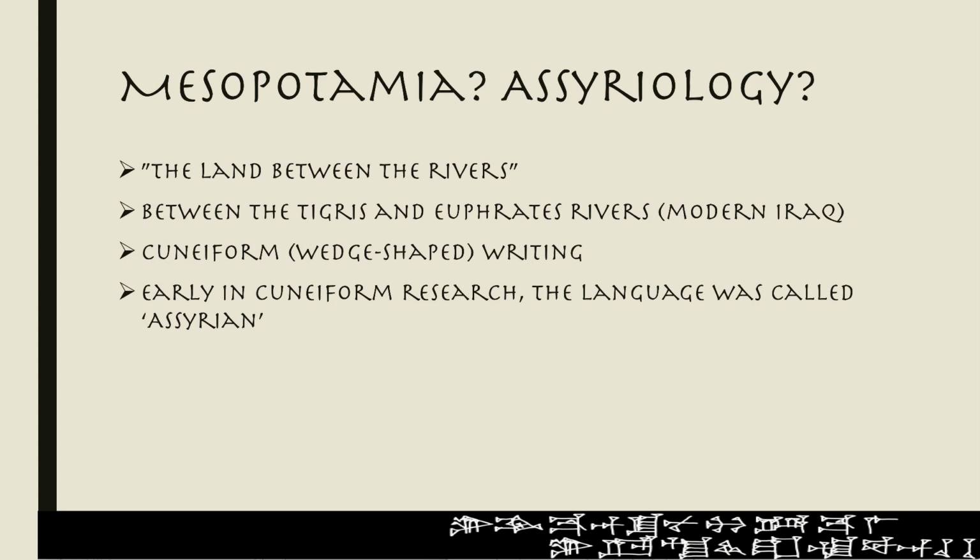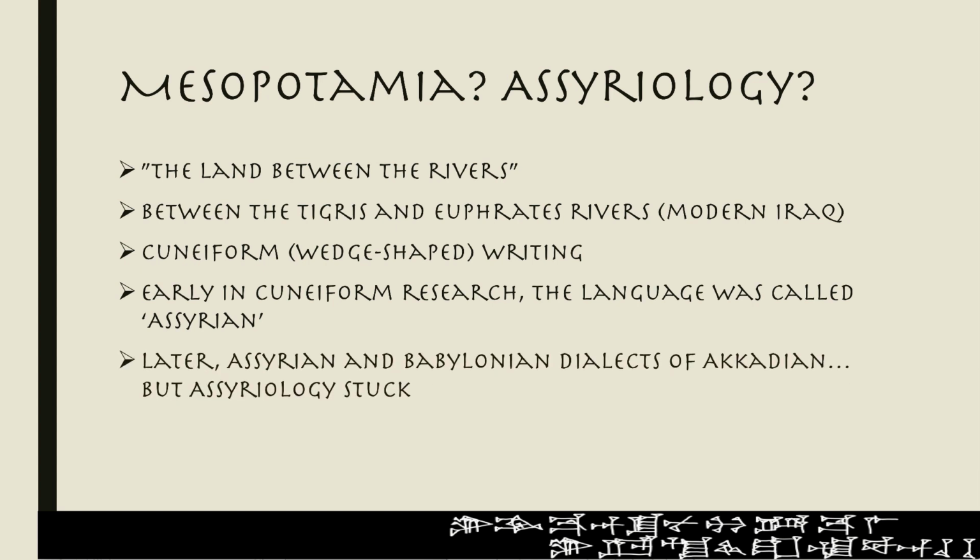Early in cuneiform research in the 19th century, when people were beginning to decipher cuneiform and understand it, the language was known as Assyrian. Later, it was determined that there was an Assyrian and a Babylonian dialect of Akkadian. The language is called Akkadian.